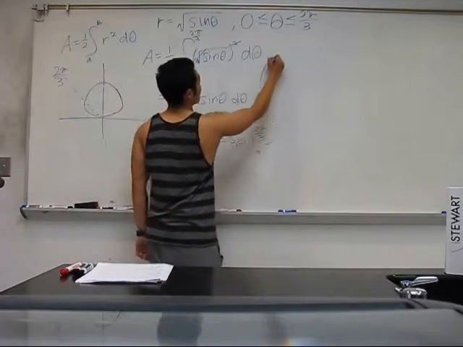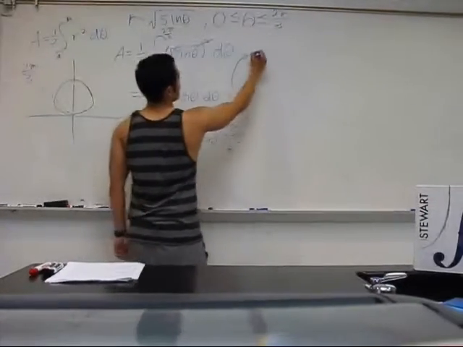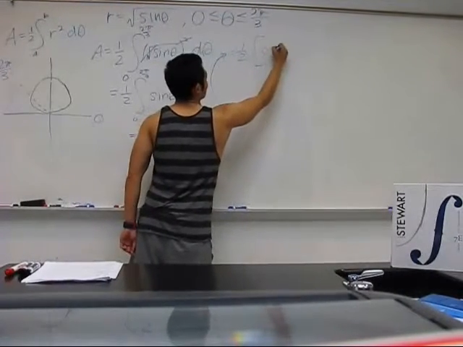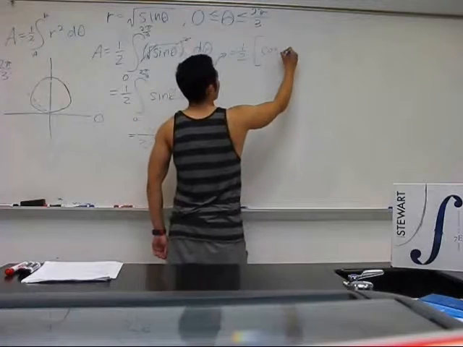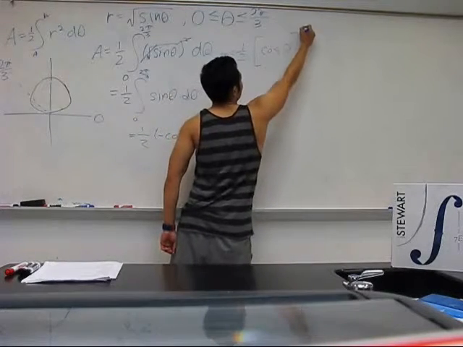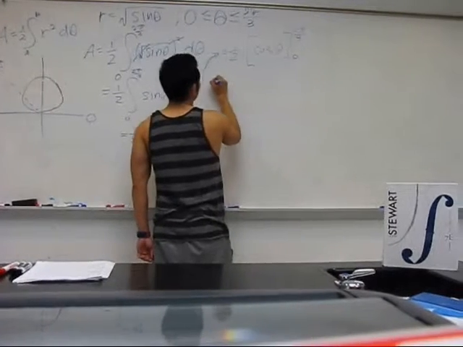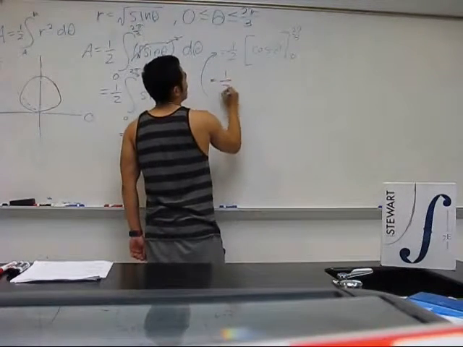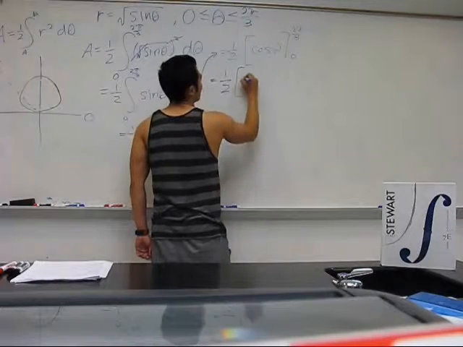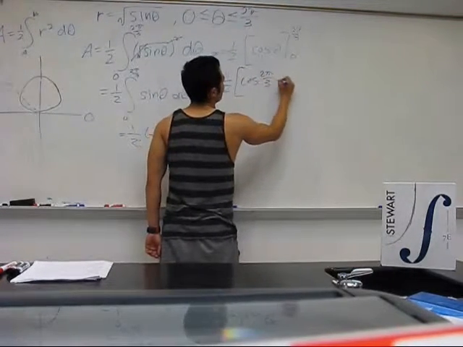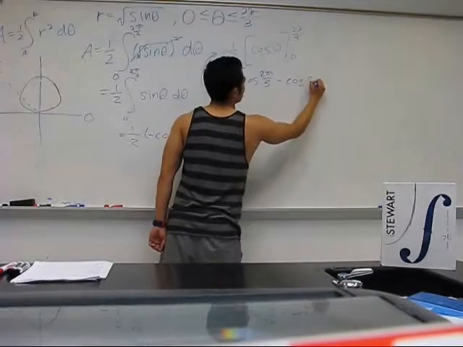So we're just going to bring this up here. It's going to be half cosine theta from 0 to 2 pi over 3. If you write that out, it's going to be cosine 2 pi over 3 minus cosine of 0.